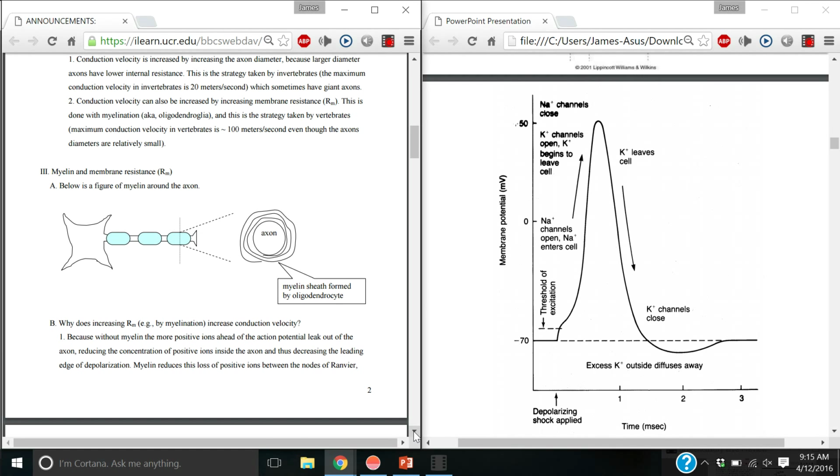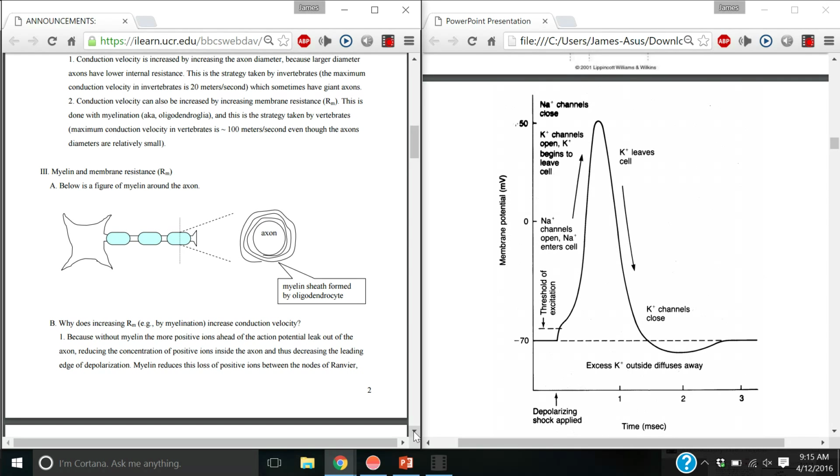So here, what you have is what's called saltatory conduction, literally skipping conduction, where technically the action potential really only exists at the nodes of Ranvier. So you have an action potential here, you have an action potential there, you have an action potential there, you have an action potential there.